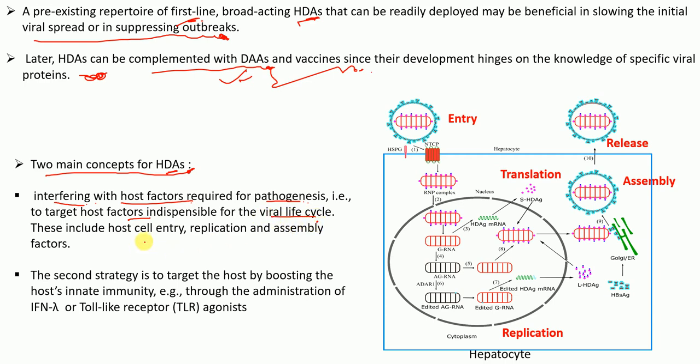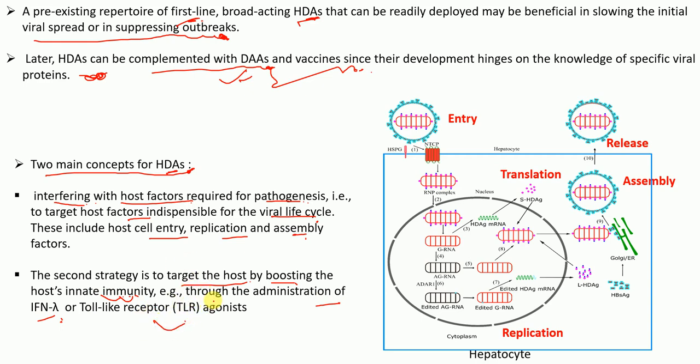Okay, these include host cell entry, replication, and assembly. Another strategy in host-directed antiviral agents is that we can target the host by boosting the host immunity. Another strategy is to boost the host's innate immunity through the administration of interferon gamma, different interferons, or toll-like receptor agonists.